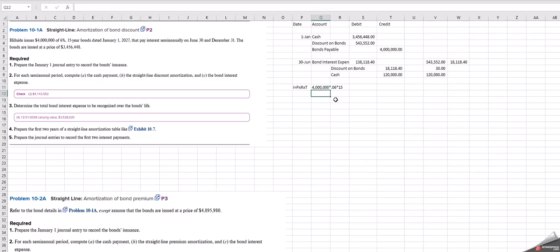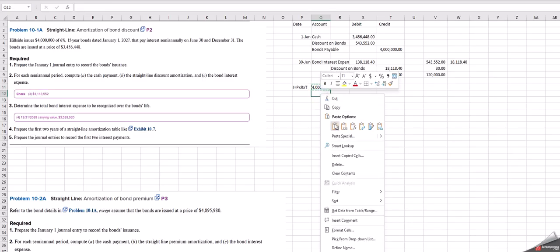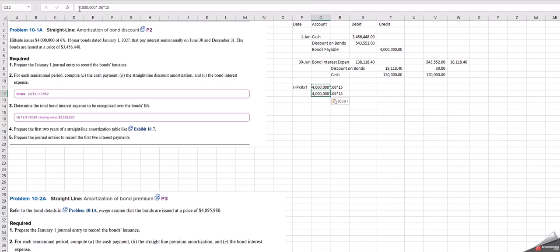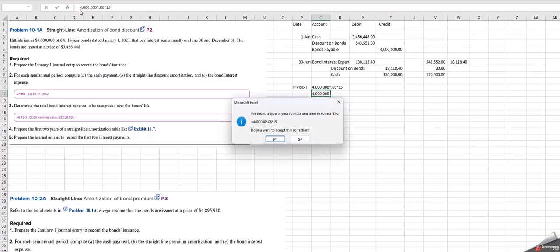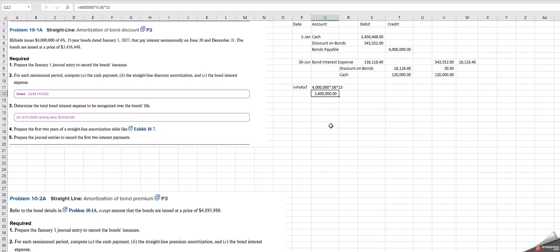And then we'll carry that down. Okay, so 3 million, sorry, 3 million, that can't be right. I think I didn't take my formula correctly, did it? 360,000.